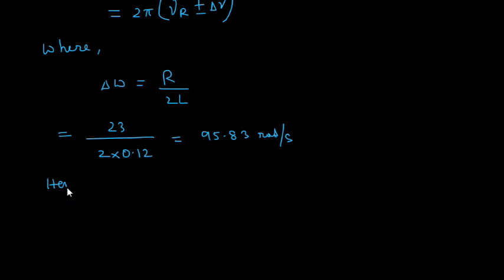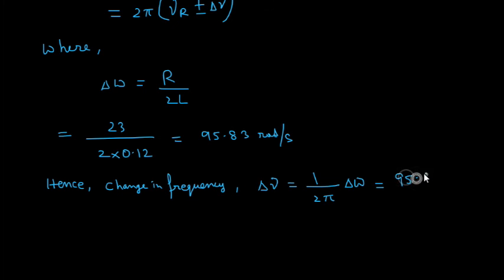Hence, the change in frequency delta nu is equal to 1 upon 2 pi delta omega, which is 95.83 upon 2 pi, which is equal to 15.26 Hz.